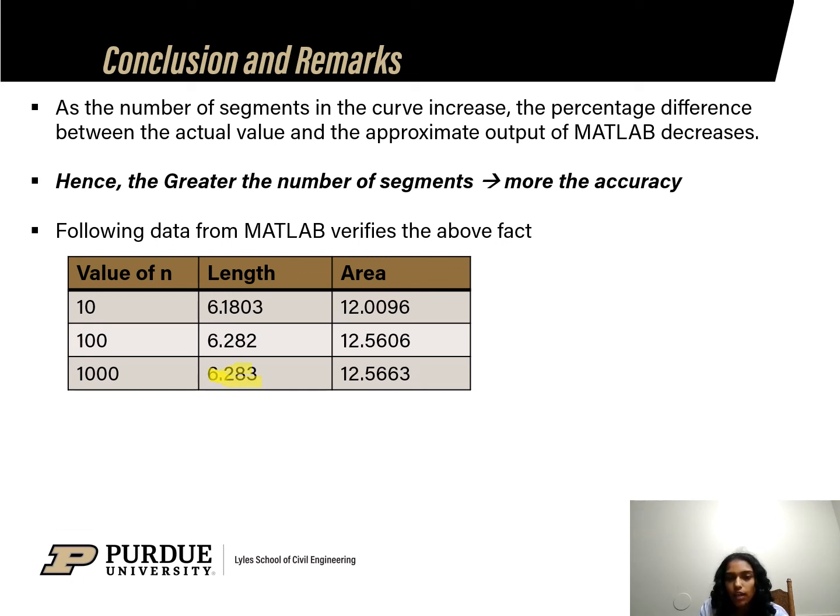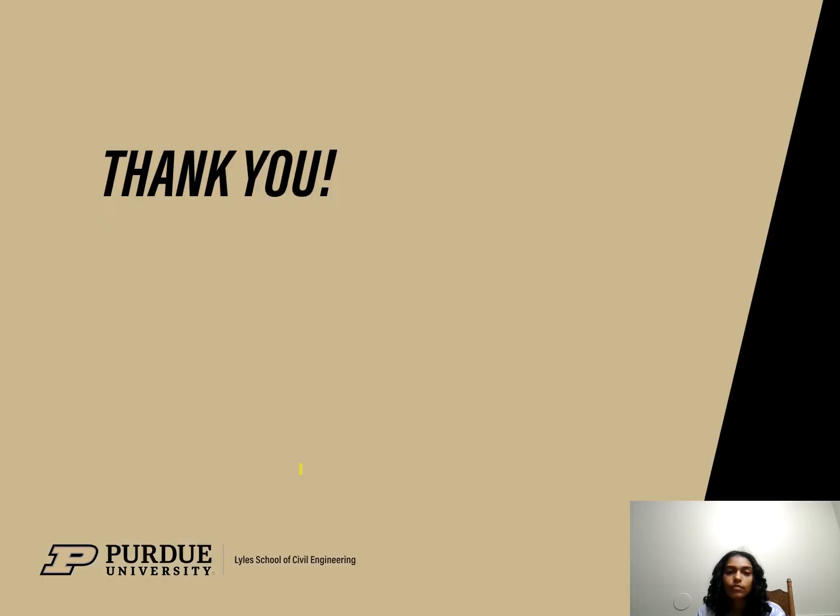And it is the same for the area, where for n equals 10, the value of area was 12.009, but for n equals 1000, the area was 12.5563. So that's my conclusion, that as we increase the number of segments, we go to more accuracy. Thank you.